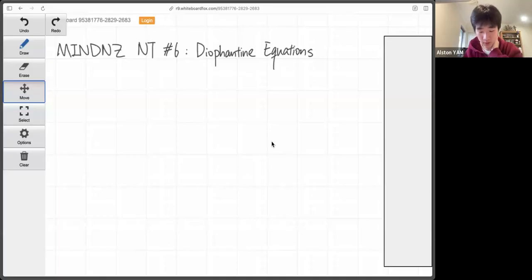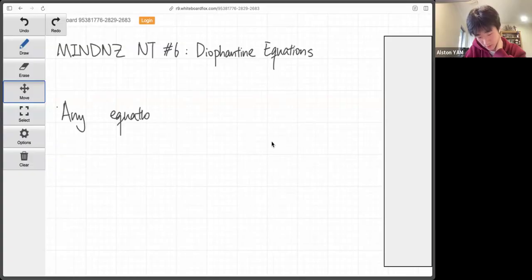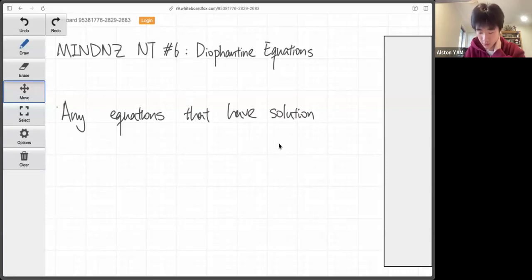So essentially, a Diophantine equation is just any equation that has solutions in integers. So I'll write that down: any equation that has solutions in integers.